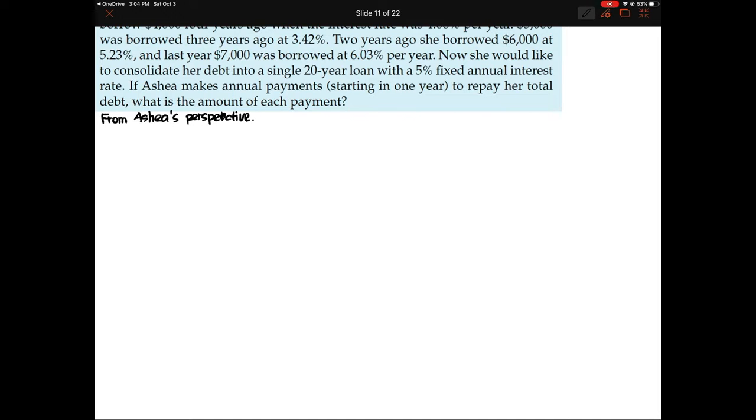Remember we have the past 4 years. The timeline is going to be a little bit different than what we have done before. We can put our present year here, and then the years before the present year will be minus numbers, which means they are past times.